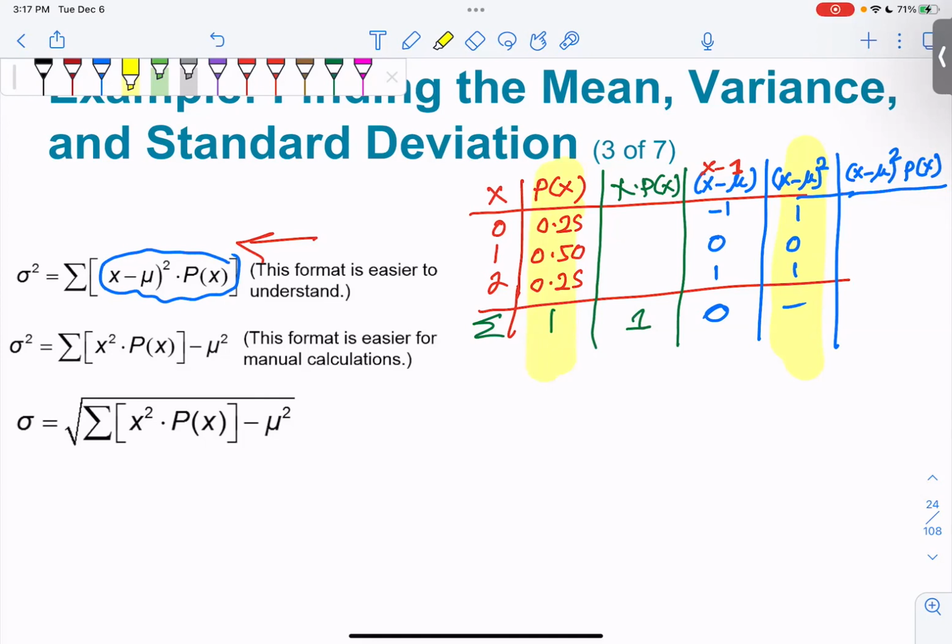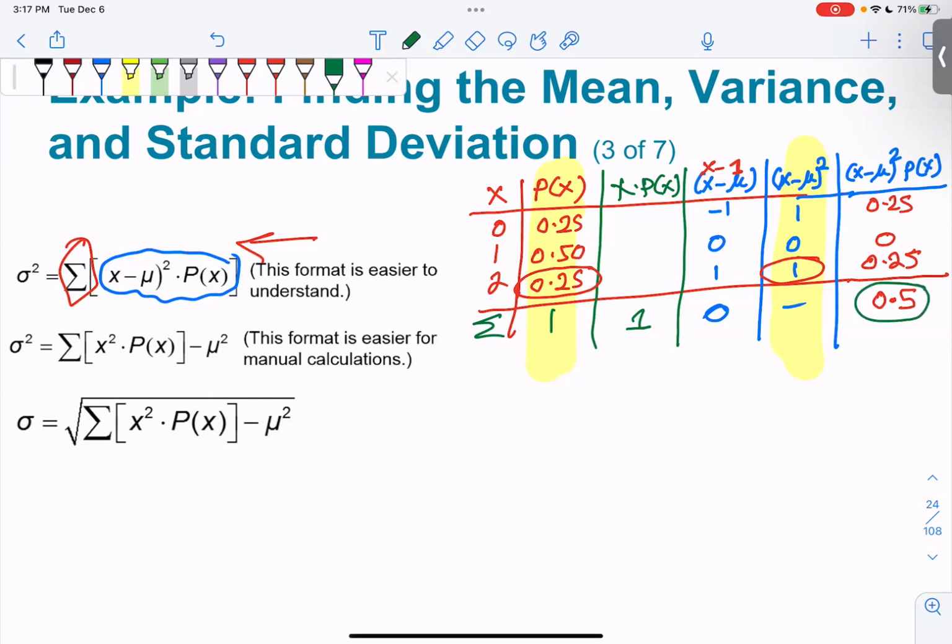The first one will be 0.25, right? Because 0.25 times 1 is 0.25. The second one will be 0. And the third one will be 0.25 times 1, which is 0.25. And then we have to take this summation, right? So the summation equals 0.5.